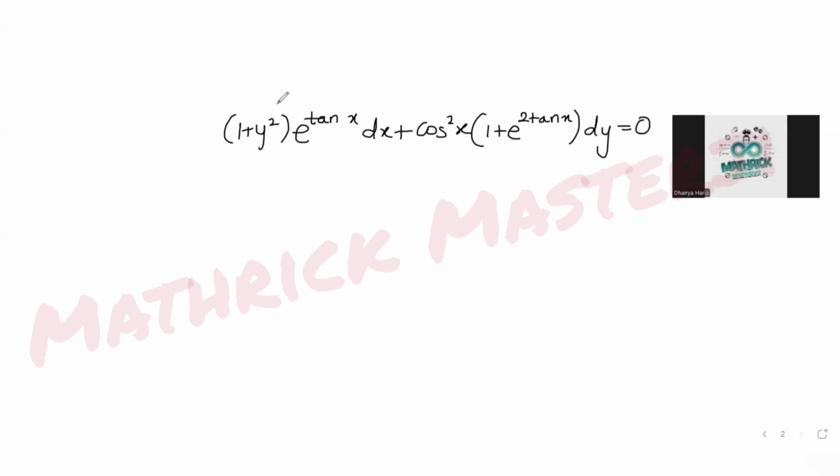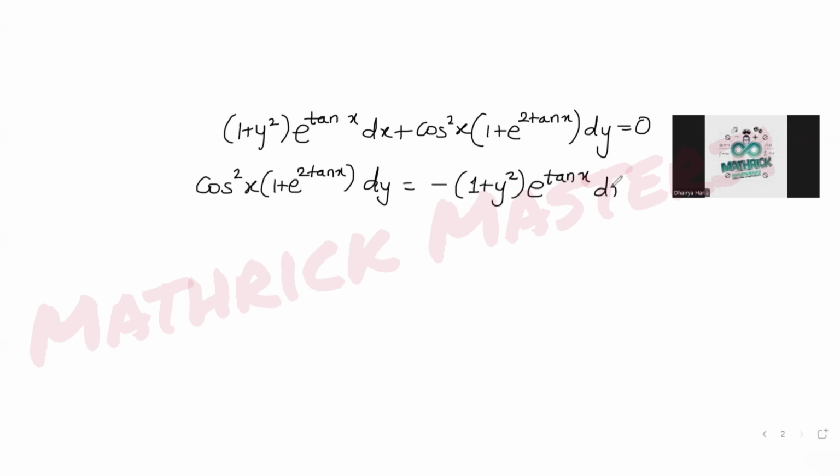Now if I put all the terms of dx on the other side, this becomes cos square x (1 plus e raised to 2 tan x) dy equals minus (1 plus y square) e raised to tan x dx.